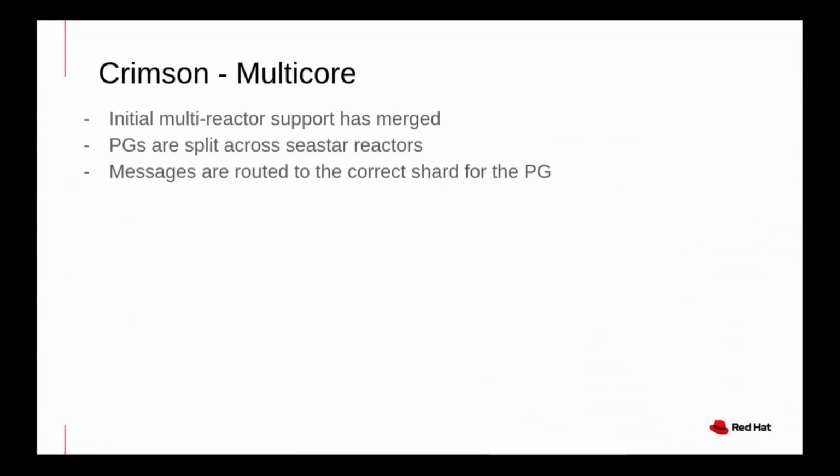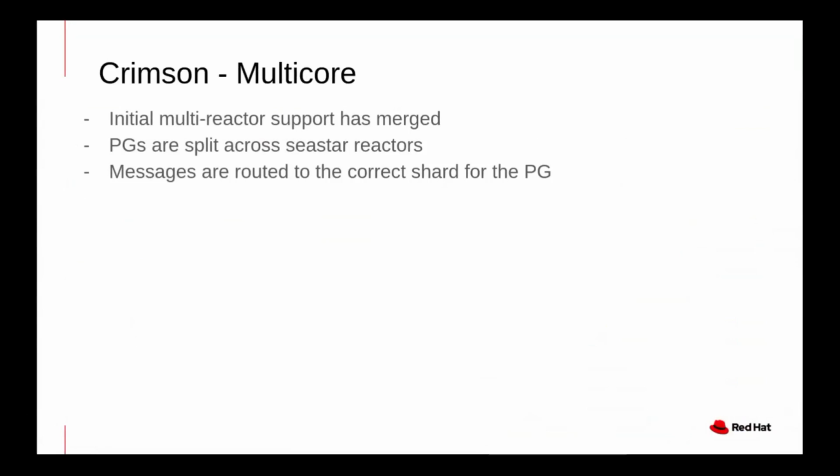The other top line thing for Crimson this year has been Multicore. Because our initial goal for Crimson was to improve per core throughput, we initially focused on a single core implementation, and we didn't worry about actually partitioning the data structures.